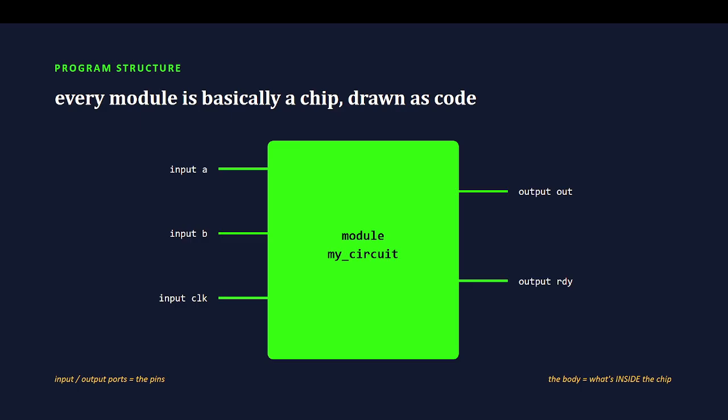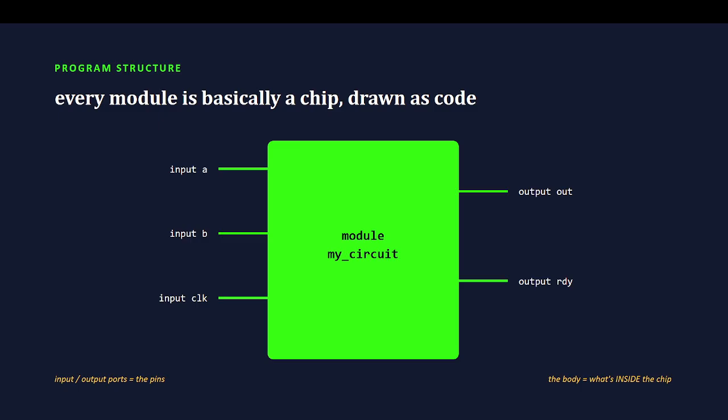Look at this diagram. That green box is the module itself, module my circuit. On the left side, you have pins going in: input A, input B, input clock. Whereas on the right side: output out, output ready.